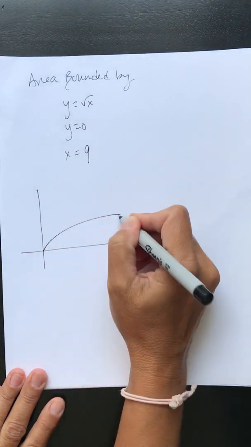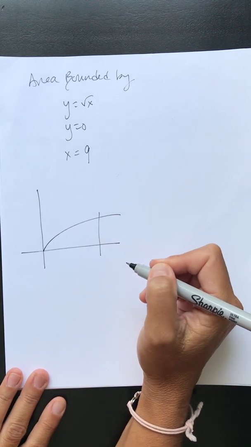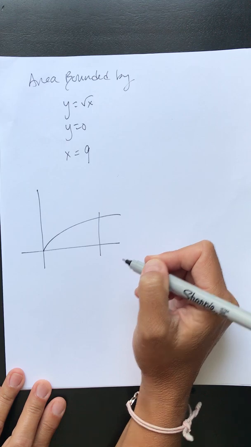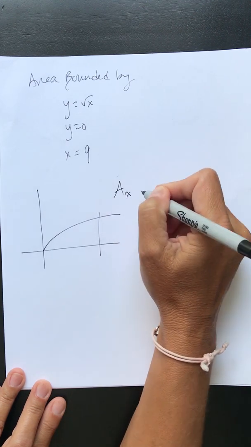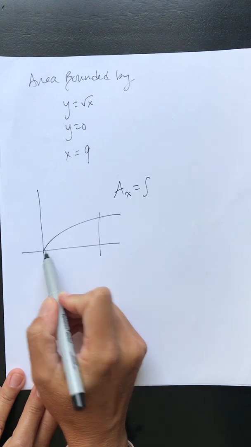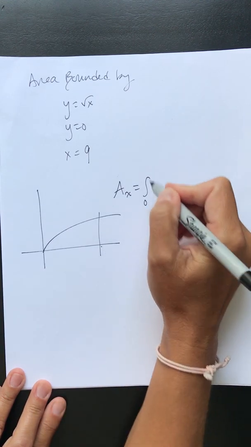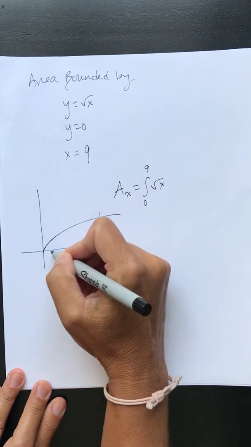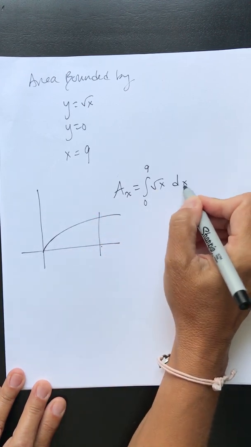So we've been talking about integrating in terms of x and in terms of y, and I really want us to be adept at integrating in both ways. So my area here in terms of x, that means I'm going to use x bounds. Well, my x bounds go from 0 to 9. Rad x is on the top, the x-axis is on the bottom, dx.